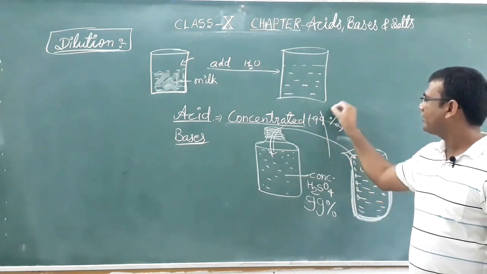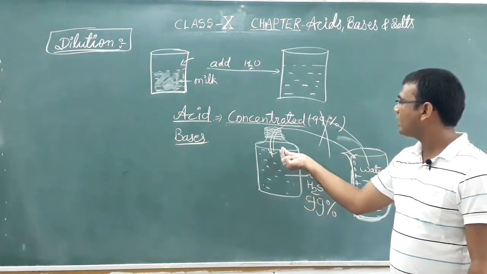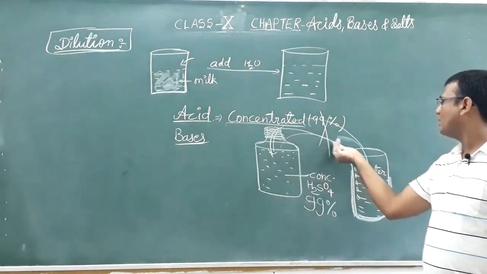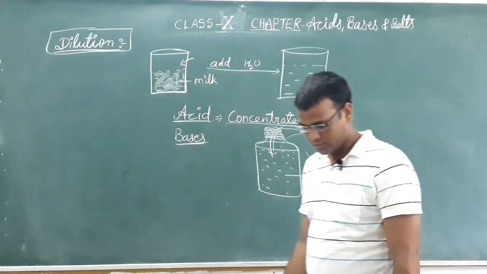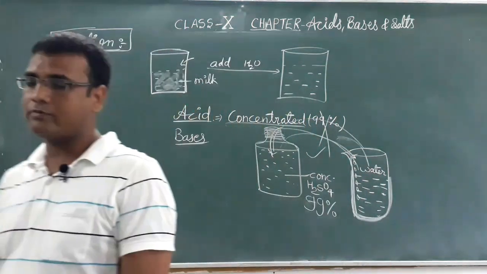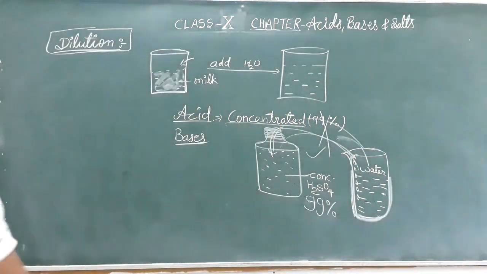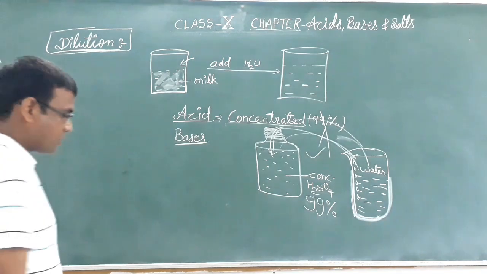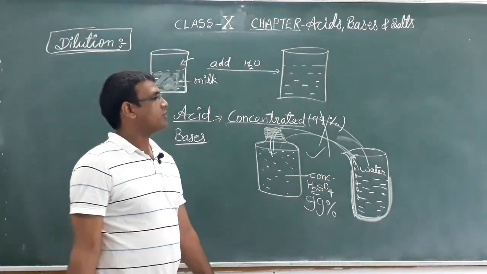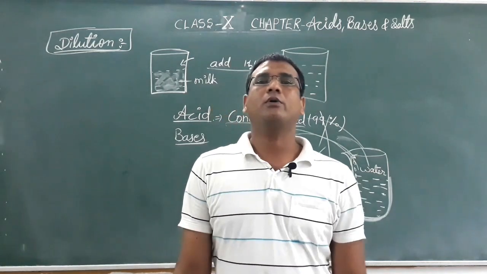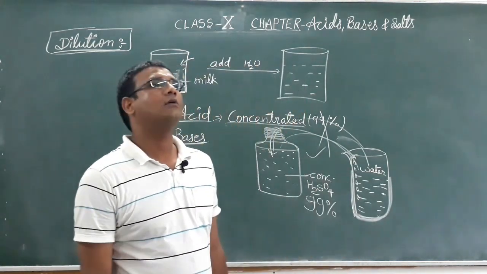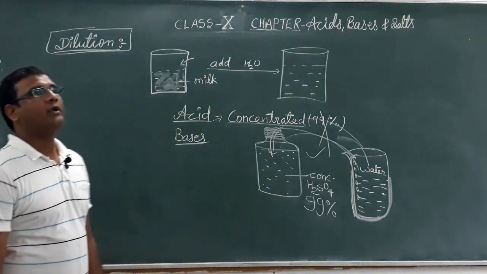That is the wrong process. We have to take a small amount of this and then pour it in this one. This is the correct method. Okay, so this is the topic, dilution, and after dilution the concentration of that solution is decreased.